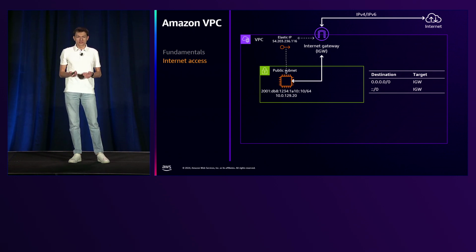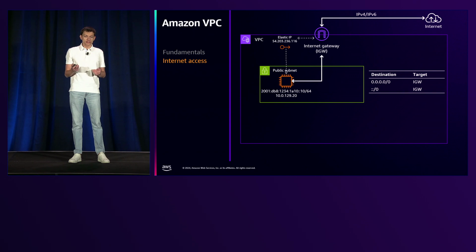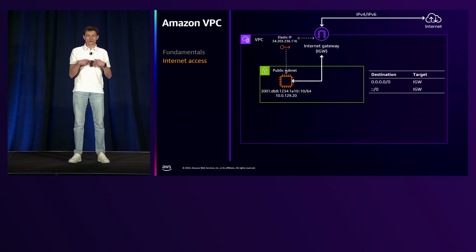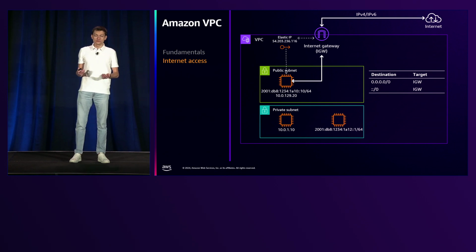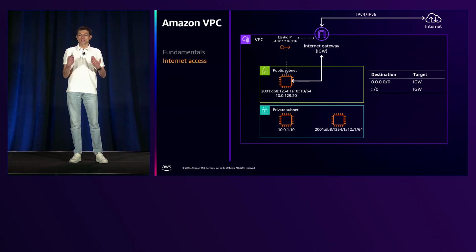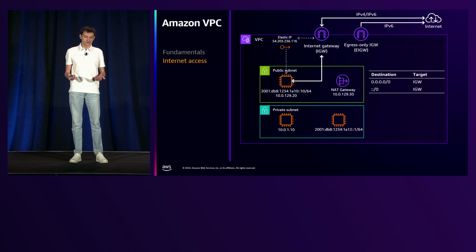With public subnets, though, the communication can be not only initiated from you to the internet, hosts on the internet can initiate connection to you. So what if you don't want that? For that, we use private subnets. For IPv4, in order to still be able to do outbound internet connectivity, we place a NAT gateway in the public subnet.